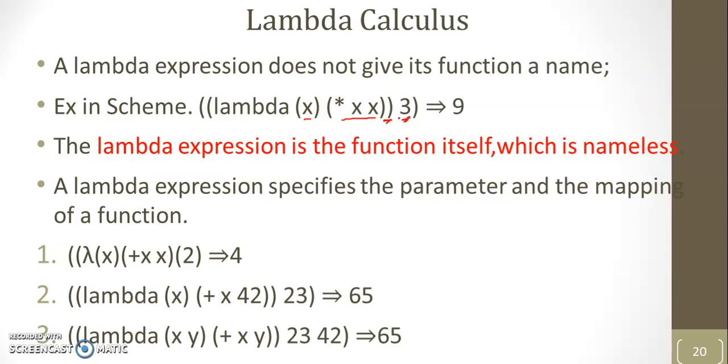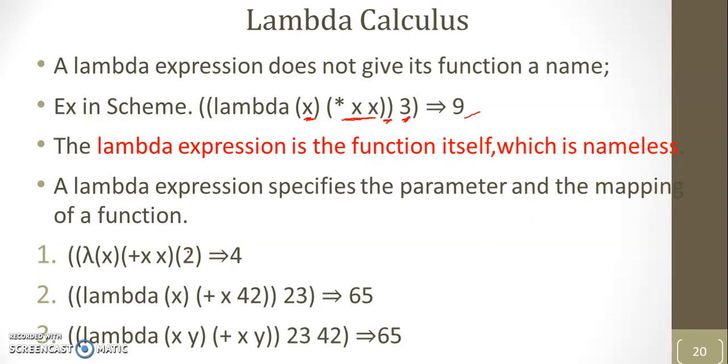So this 3 will be given as the actual argument to x, and the body of the function will be 3 into 3. After executing, you will get the value 9. So a lambda expression is a function itself which is nameless.